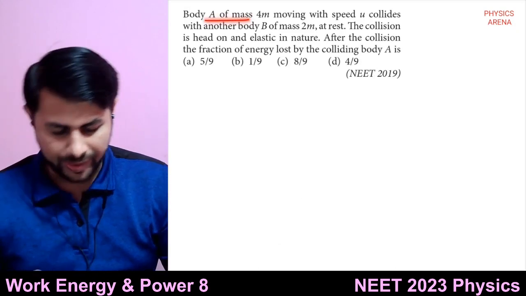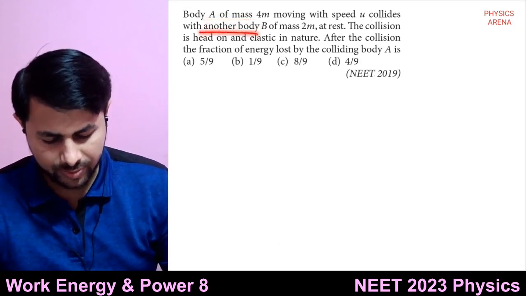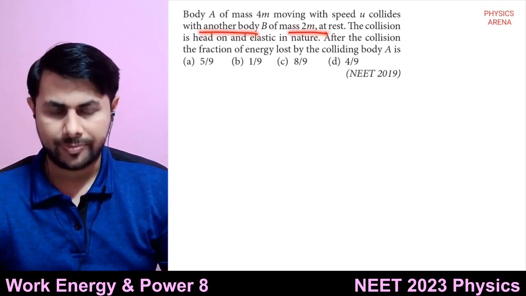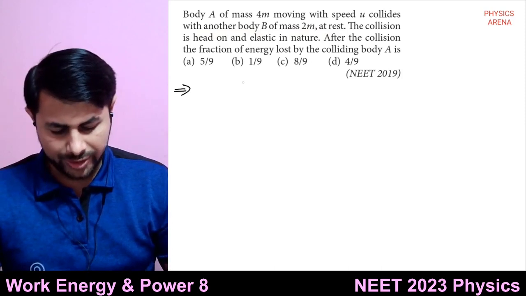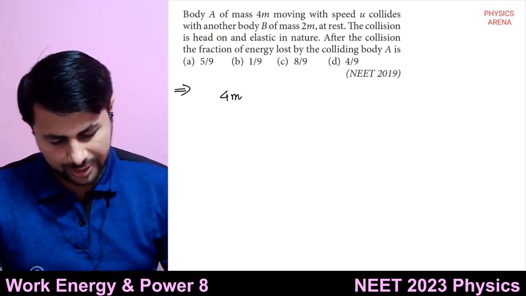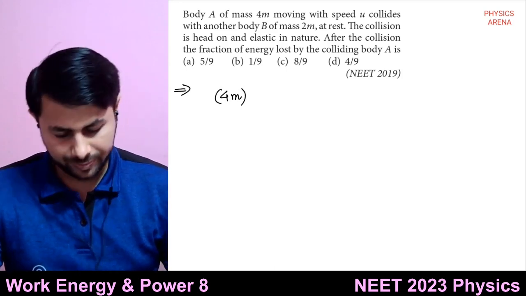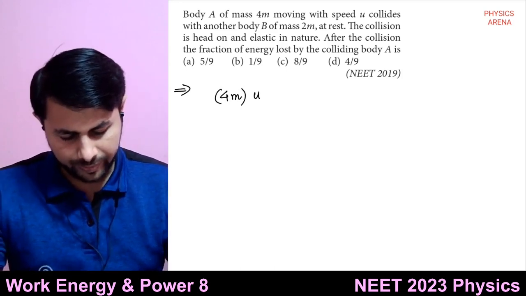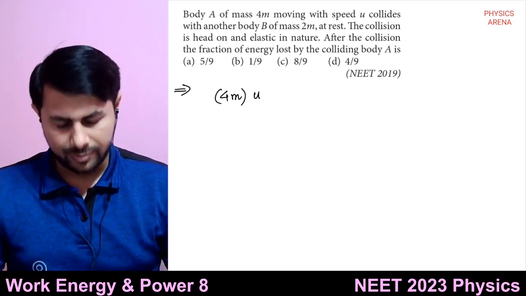So a body of mass 4m moving with speed u collides with another body B of mass 2m at rest. Okay, so first body is moving, its mass is 4m, this is the first body, and its speed is u. Okay, so this is the initial momentum, right?